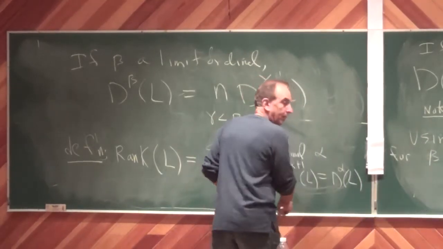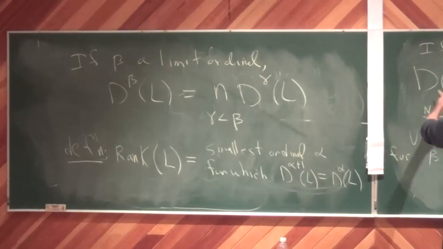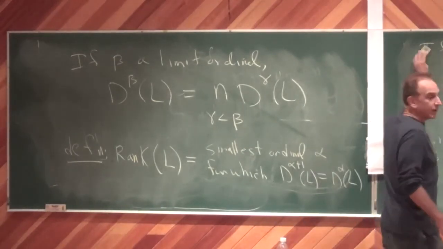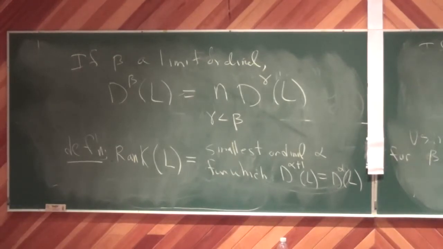So that's a little digression about this derived set iterated, which is sometimes called the Cantor-Bendixson derivative.